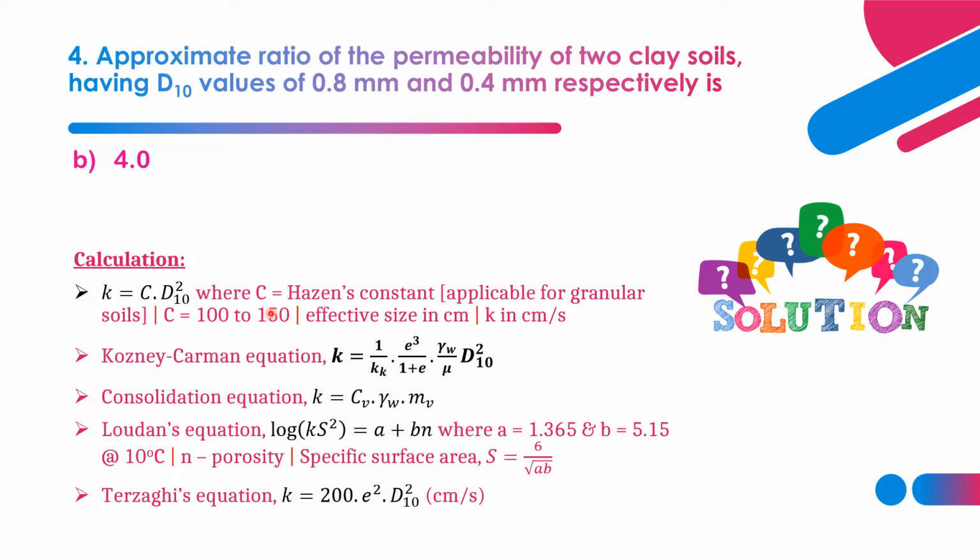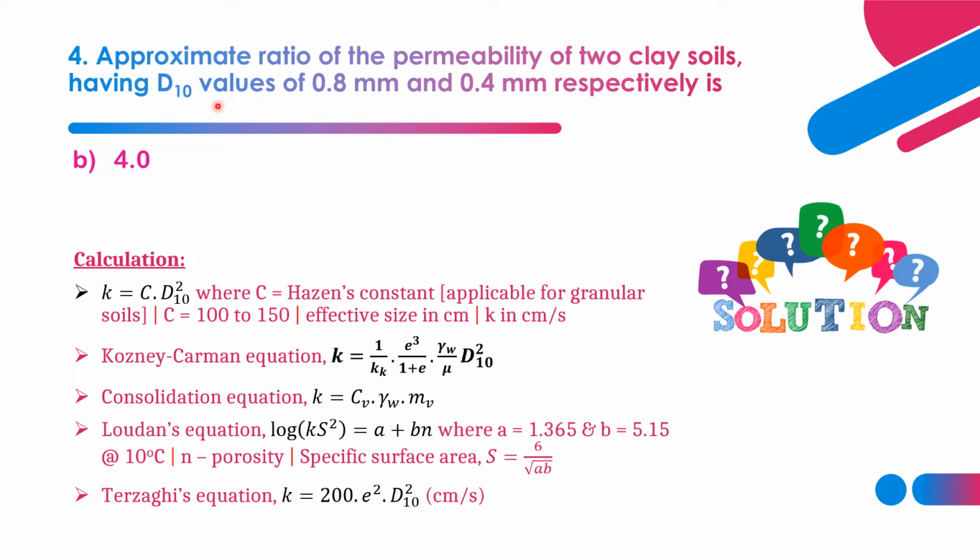Here we have to use the Allen-Hazen equation, K equal to C D10 square, where capital C is Hazen's constant. Usually this Allen-Hazen equation is applicable for granular soils, but in this question they have mentioned clay soils.